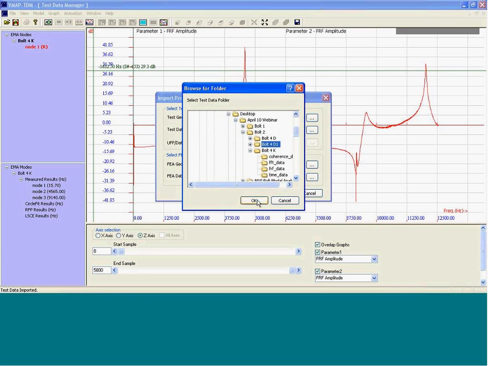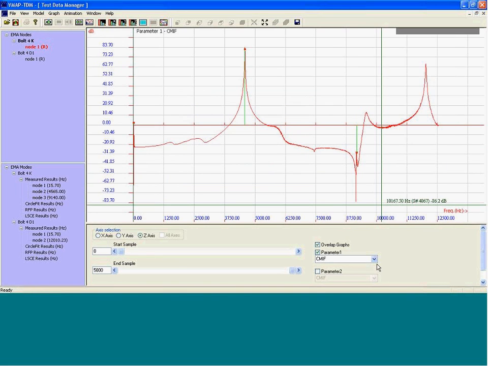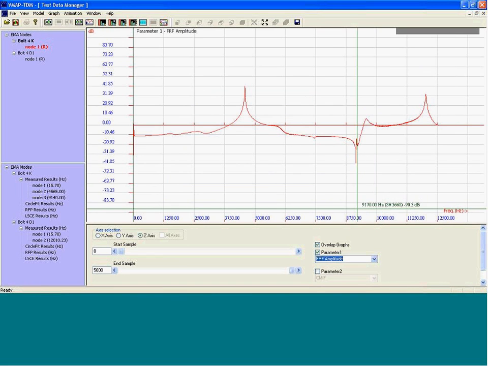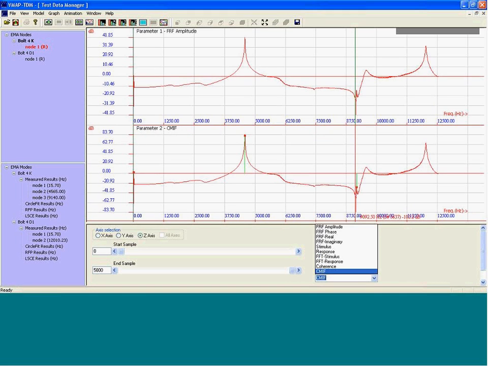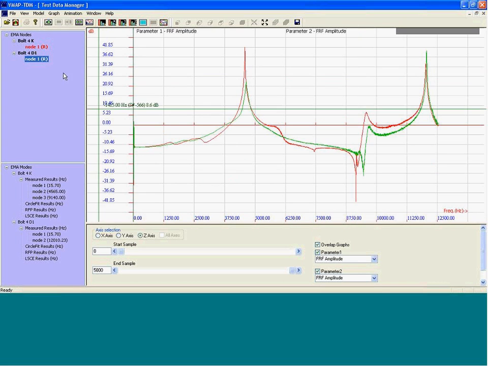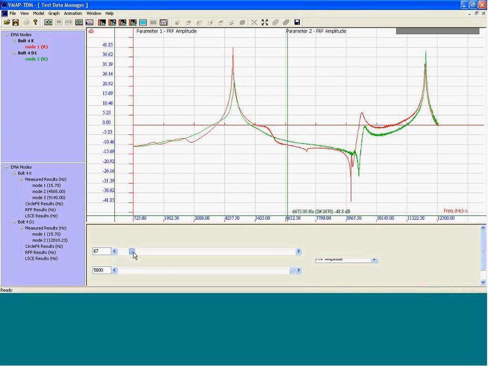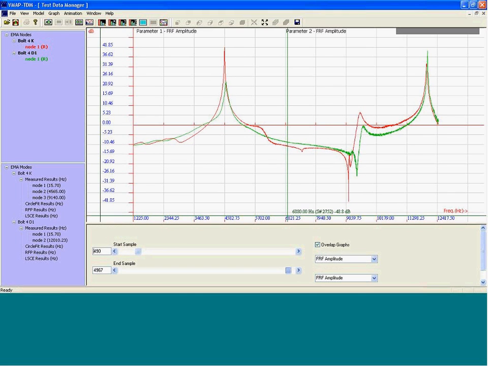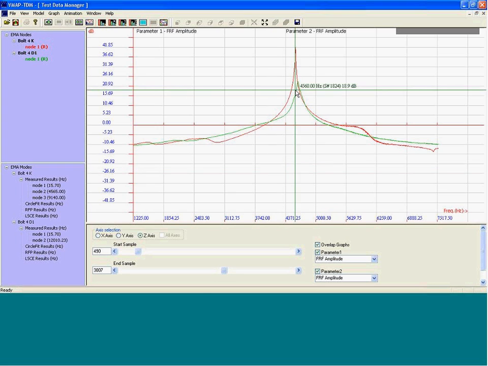Now I'm going to bring data from another test. So there you go. So if I try to resolve this more clearly, this is the data that we have.